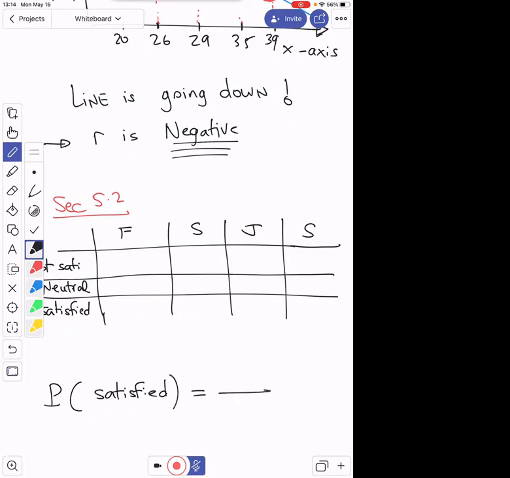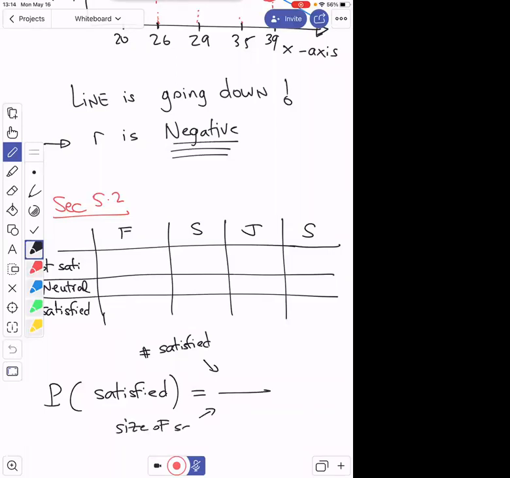So what we do is we count how many satisfied students there are. In total, for example, here we have 100 satisfied students, right? On the top, we have the number of satisfied students, because you want to find the probability that the student selected at random is satisfied. And the denominator is supposed to be the size of the sample.